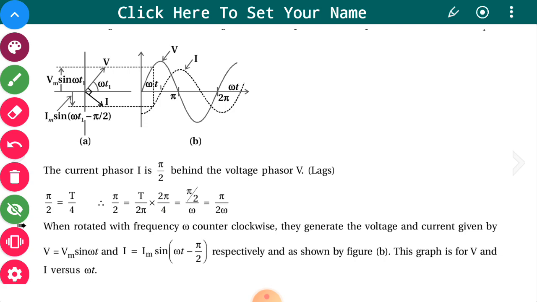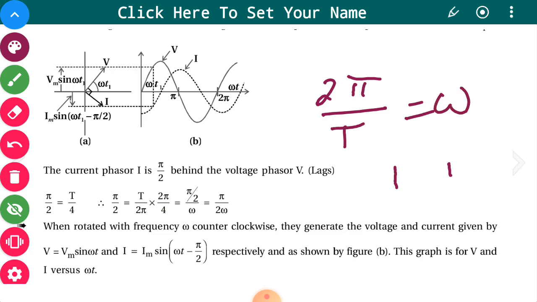Because if you convert it into the angular frequency, then this can be easily understood. Here you can see that 2 pi upon T is nothing but omega. So here this T upon 2 pi is taken as 1 upon omega.